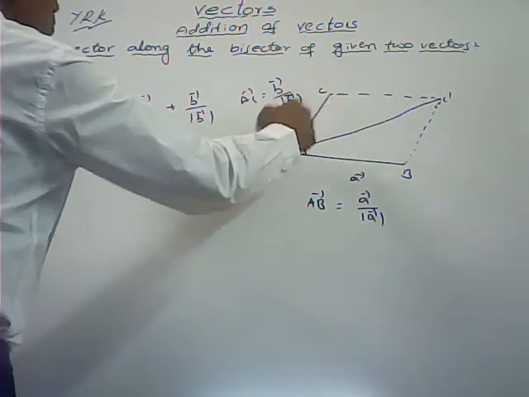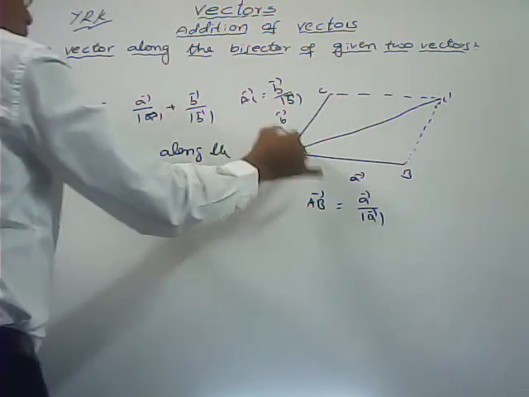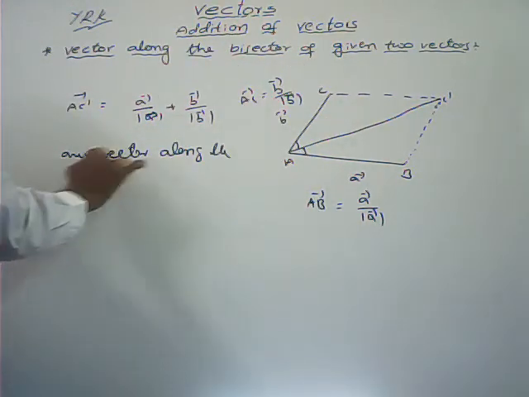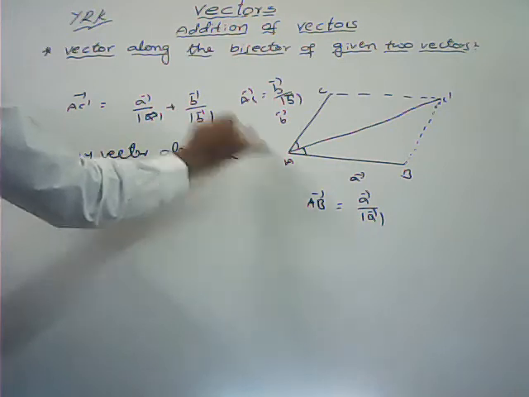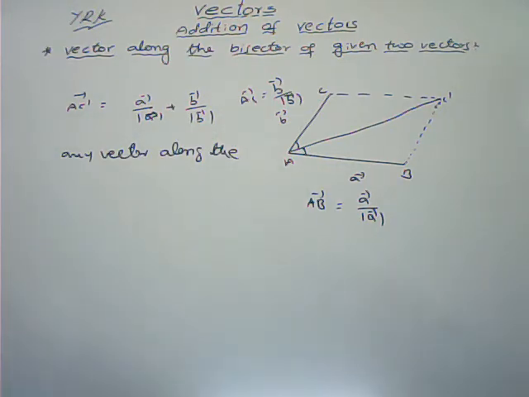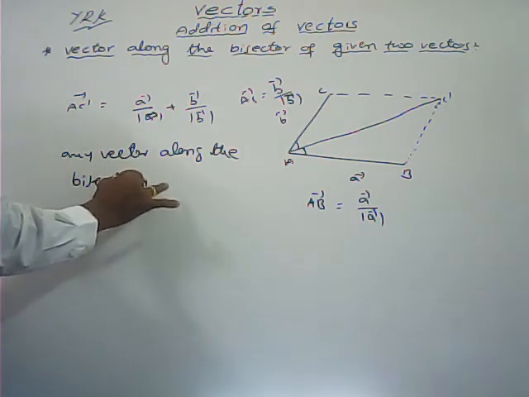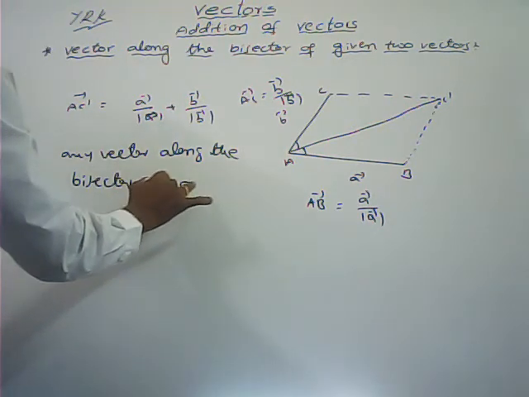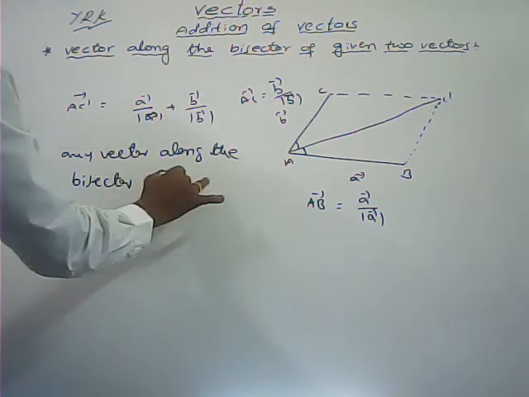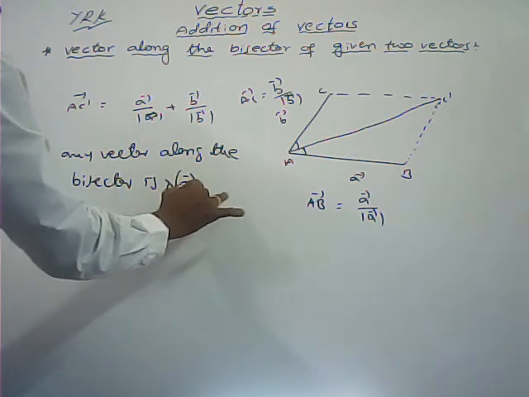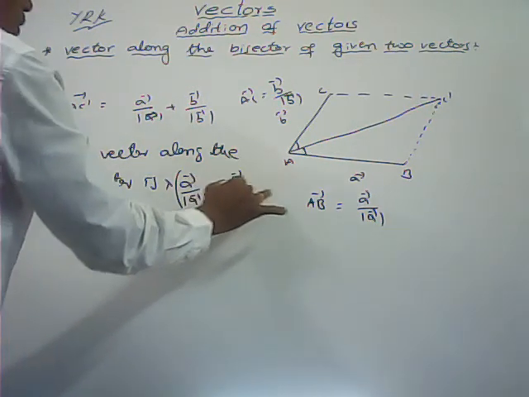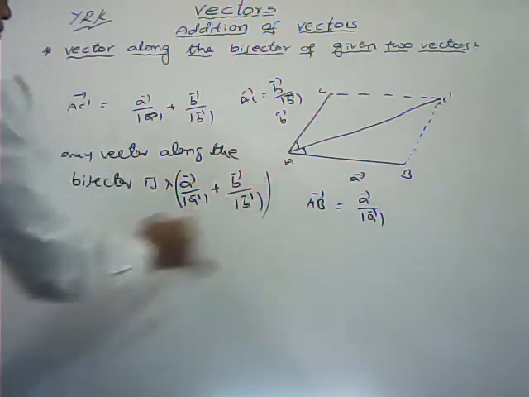In this direction you can take any vector which passes through these two sides. Any vector along the bisector is lambda times a bar by modulus of a bar plus b bar by modulus of b bar.